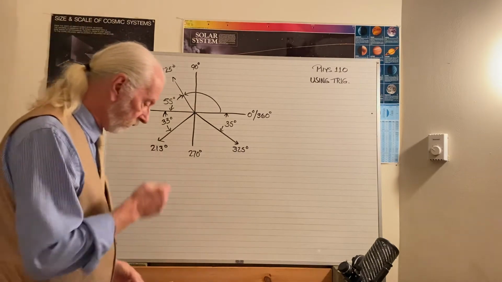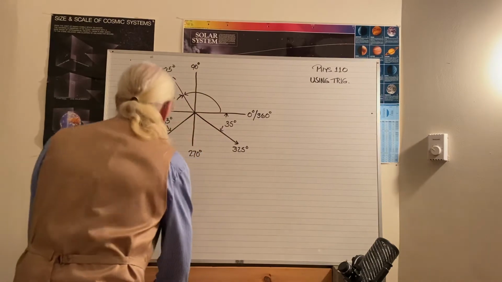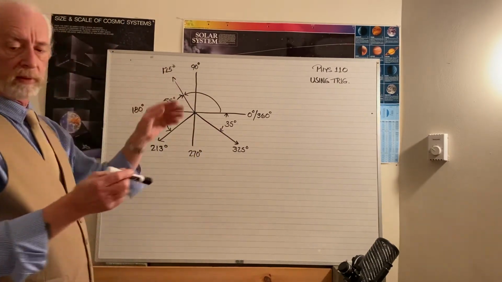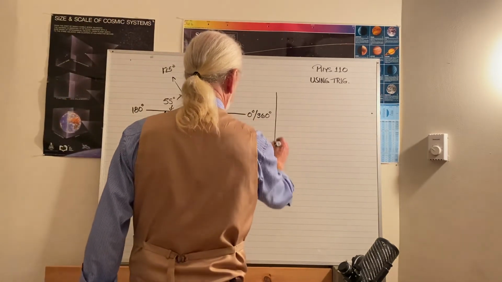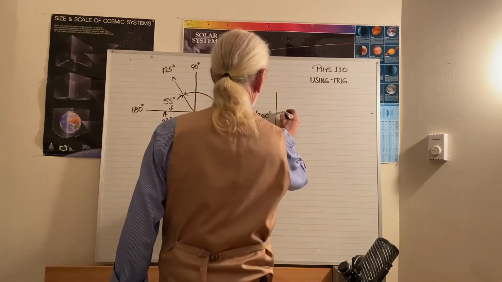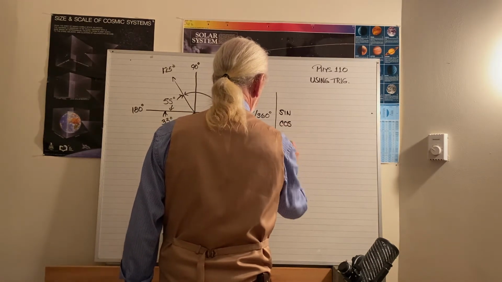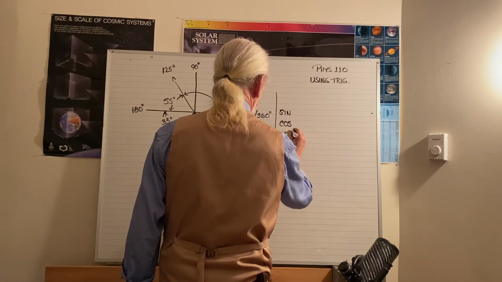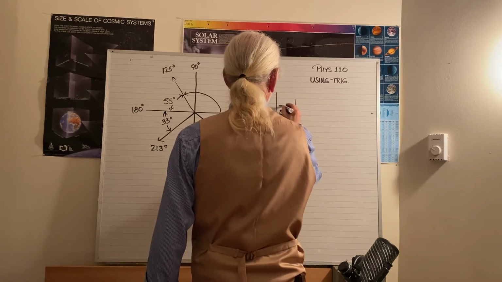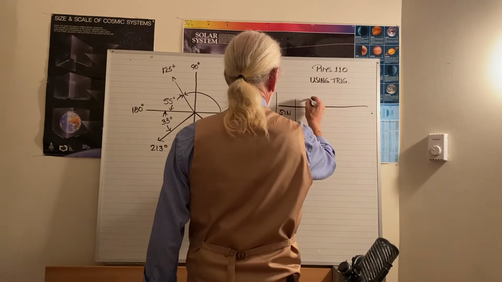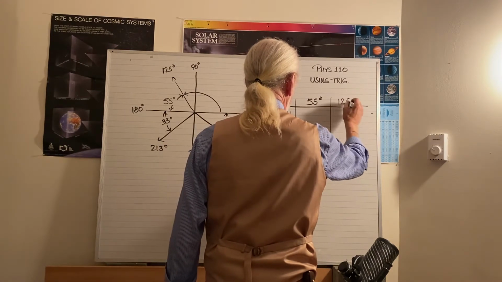Now, why would we want to do this? Well, let me just demonstrate why. So we'll take this first angle here, 125. I'm going to set up a little chart here for you to look at. And we're going to compare 55 degrees with 125 degrees.